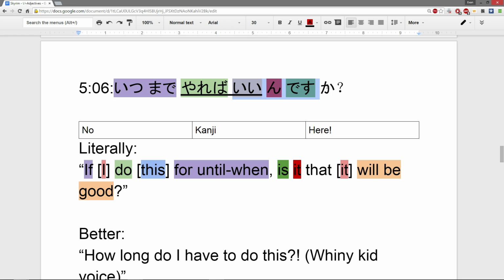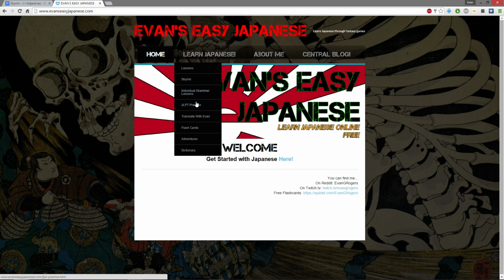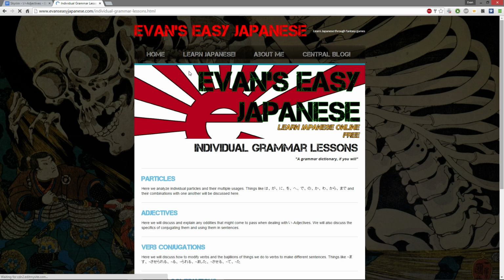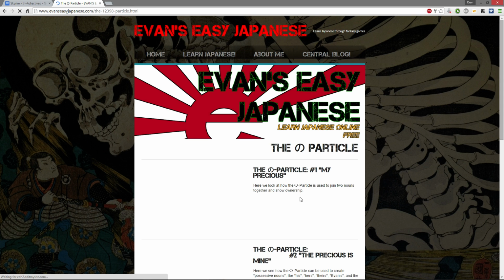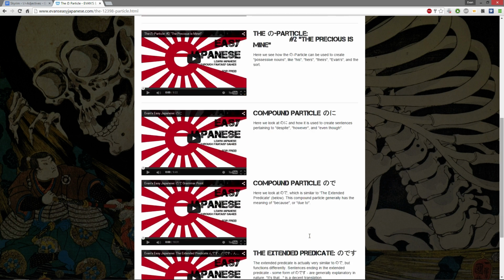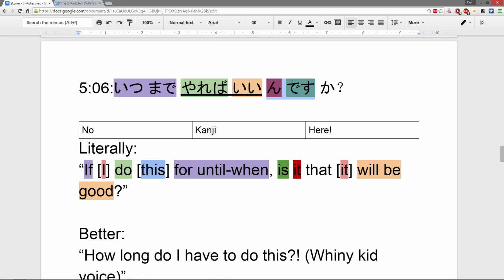In n desu ka, the n desu is what's known as the extended predicate. You can go to my website and look up the extended predicate. If we go to individual grammar lessons, check out the particles, hit up that no. There'll be a video about it. The extended predicate right there generally translates to "it's that."